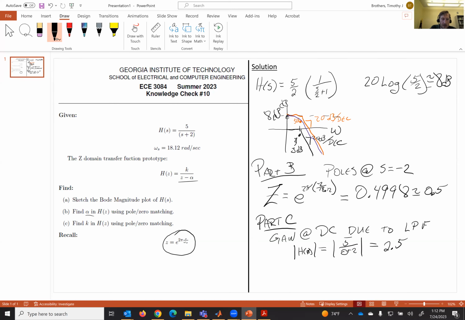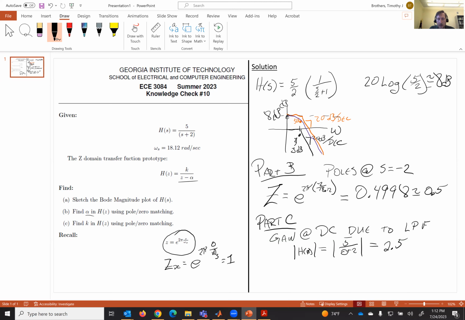So how do we set this up to equal 2.5? Well, we know that Z is going to be 1 at DC, because if we plug it in here again, so for Z of DC, that's going to be equal to e to the 2 pi times 0 divided by omega S, and so that's going to be equal to 1.